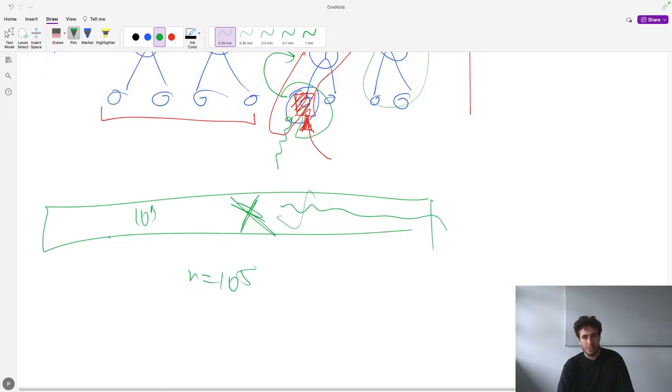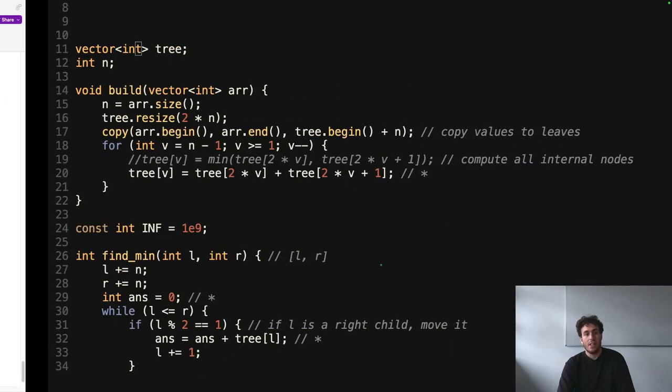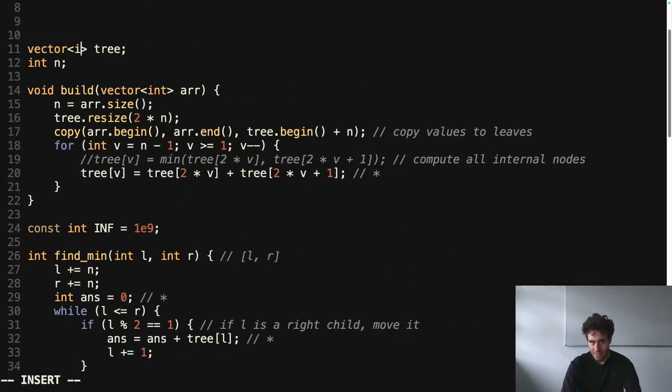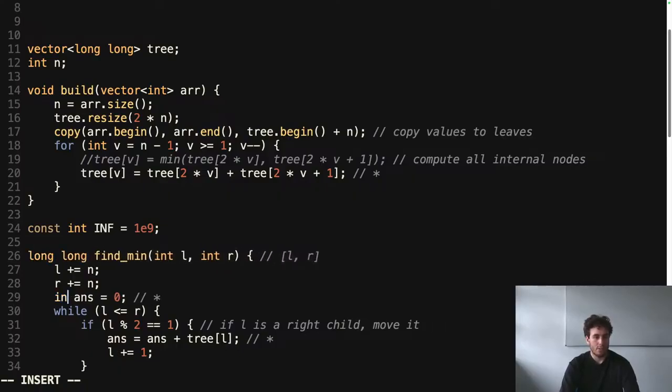Each element is up to 10 to the 9. The sum of all segments is up to 10 to the 14, right? 10 to the 5 elements, each one is 10 to the 9. I get 10 to the 14. So I need to use longs. Remember that, right? Here I'm going to use longs here, longs here, and longs here.